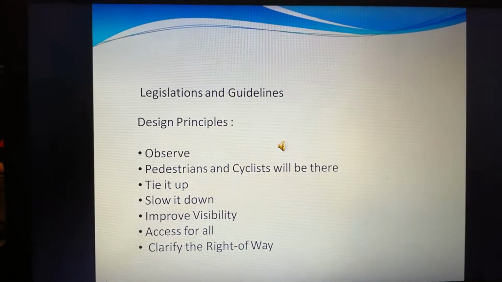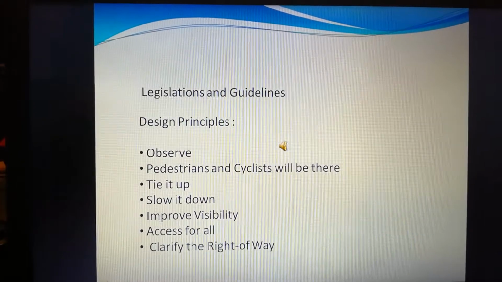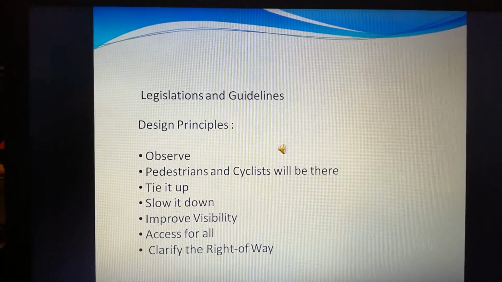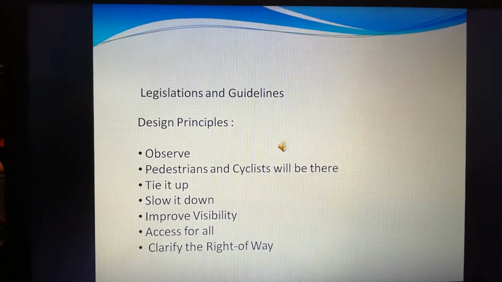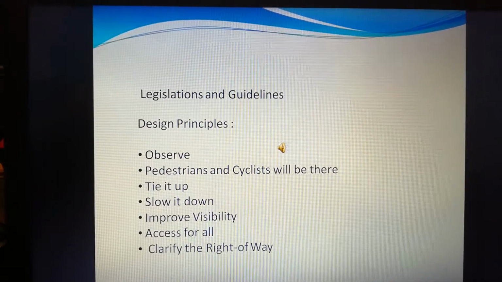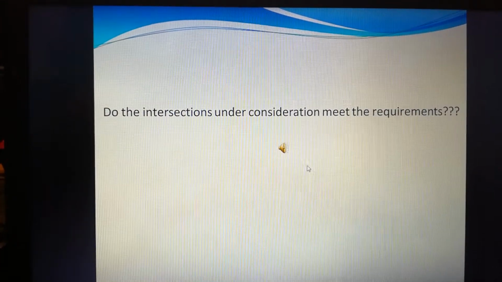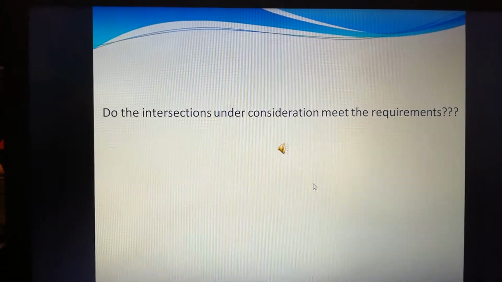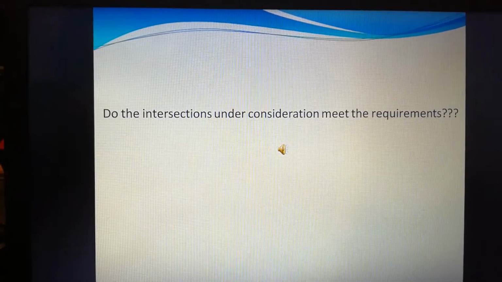Design facilities so that pedestrians and cyclists of all abilities, ages, and skills can navigate with ease. Clarify the right of way. Clarify to pedestrians, cyclists, and motorists who has the right of way.